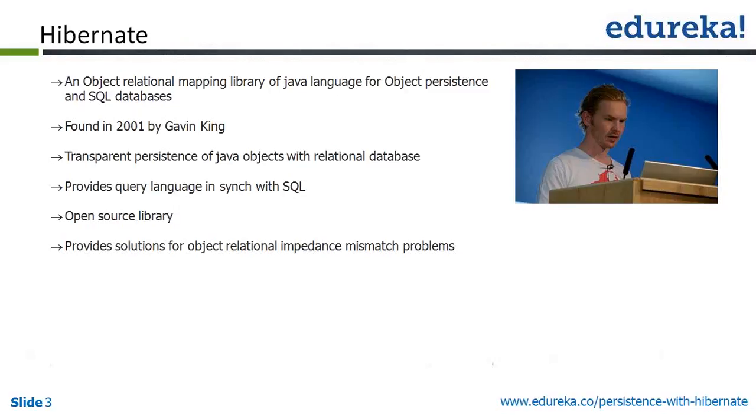With the JDBC approach, all of the persistence layer is subject to change. So that was one of the problem areas which we can overcome using Hibernate. With Hibernate, it allows you to switch from one database to another. So basically, your application becomes a database agnostic application.